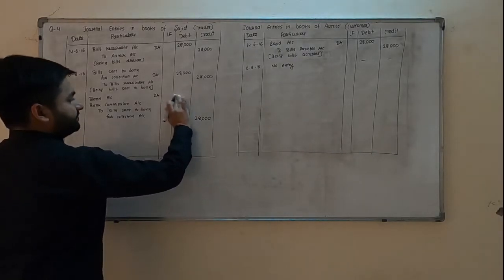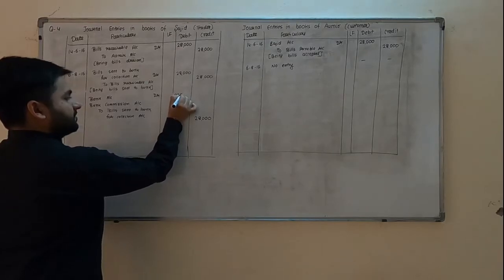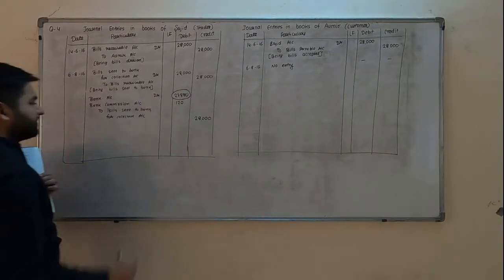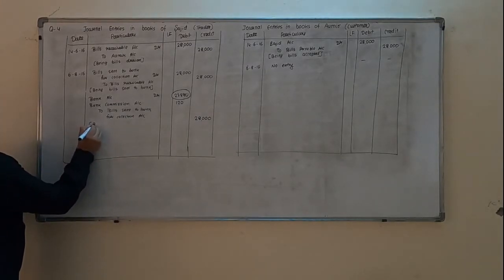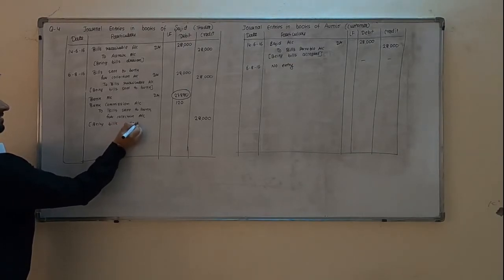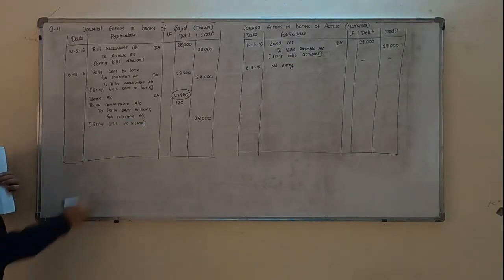You have to highlight this amount like this, because you have subtracted here. Being bills collected.